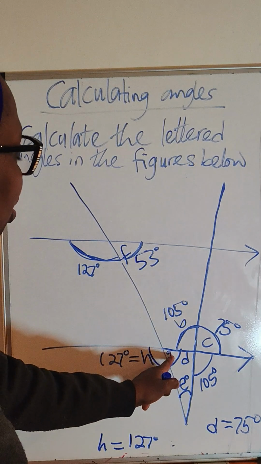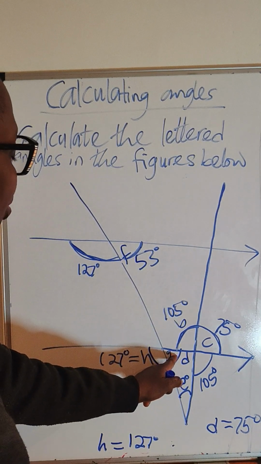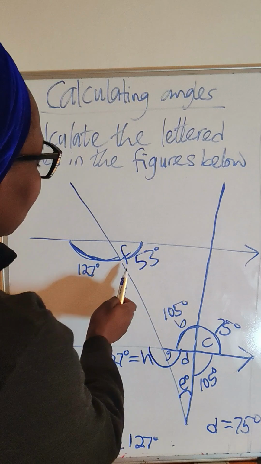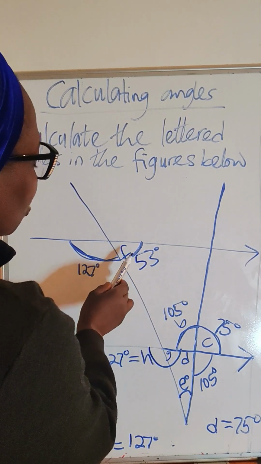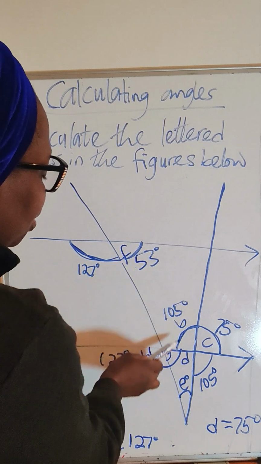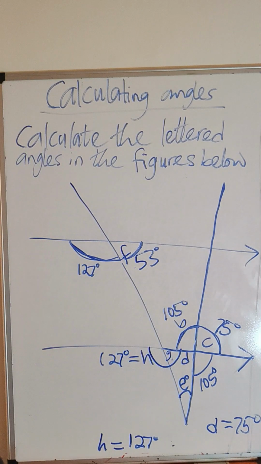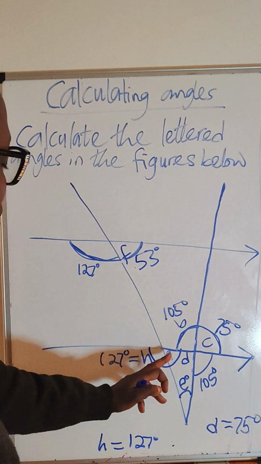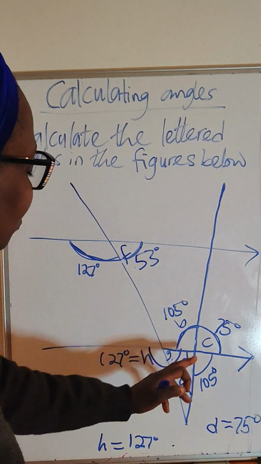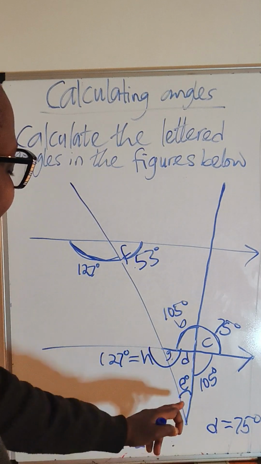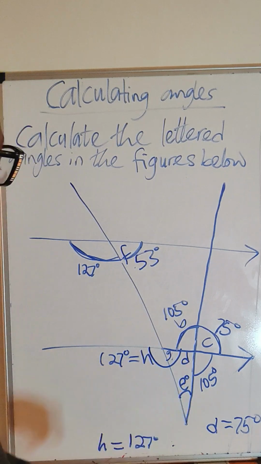So angle G will be 53 degrees, or we use it this way: F and G are corresponding angles. So since F is 53 degrees, G also will be 53 degrees. So G is 53 degrees, D is 75 degrees, we are left with angle E.